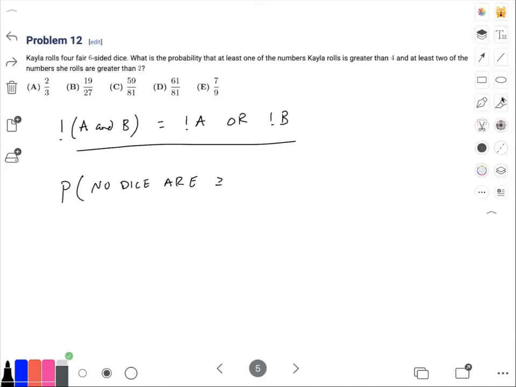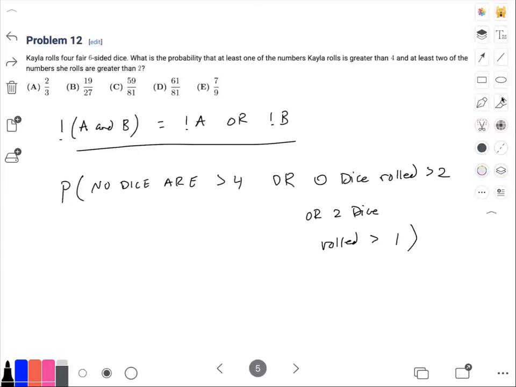Or, for the second condition, at least 2 of the numbers she rolls are greater than 2, the not of that event would be 0 dice rolled greater than 2 or 1 dice rolled greater than 2.